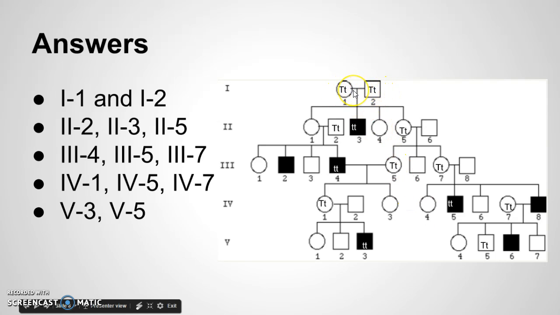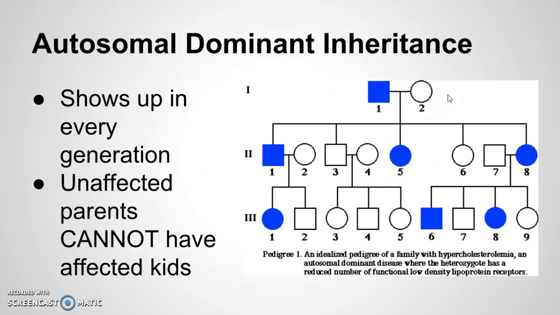Mom and dad have to be able to donate that to them, so they have to be heterozygotes. If they're homozygotes, dominant, they cannot pass it on. They can only have kids who are heterozygotes, and we can't have a homozygote recessive because it's not filled in. So check your answers, and then we're going to go through autosomal dominant inheritance.